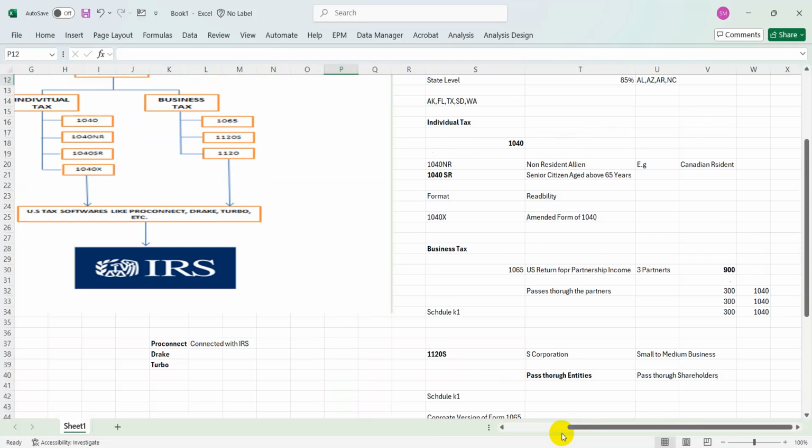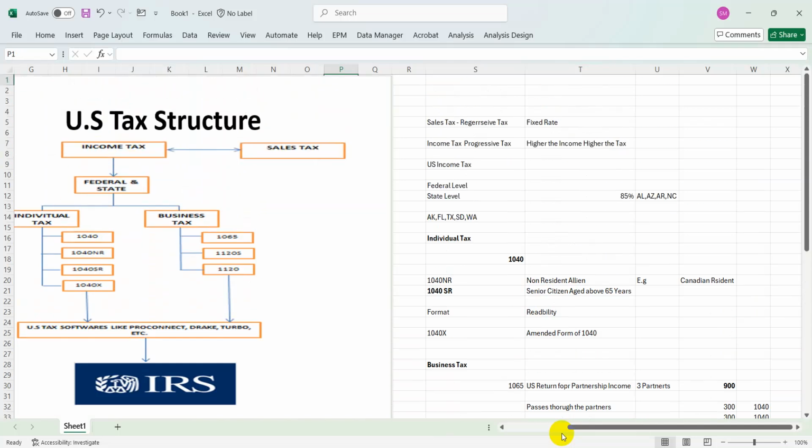And obviously you cannot remember the names of each form or each schedule. Schedule C, for example, is very important in 1040. If you are getting any interest, or any income from other sources, you are going to report that on Schedule C. So there are hundreds of schedules, hundreds of tax forms, and you are not going to remember the name of each. But that's the very simple structure of the US tax system.